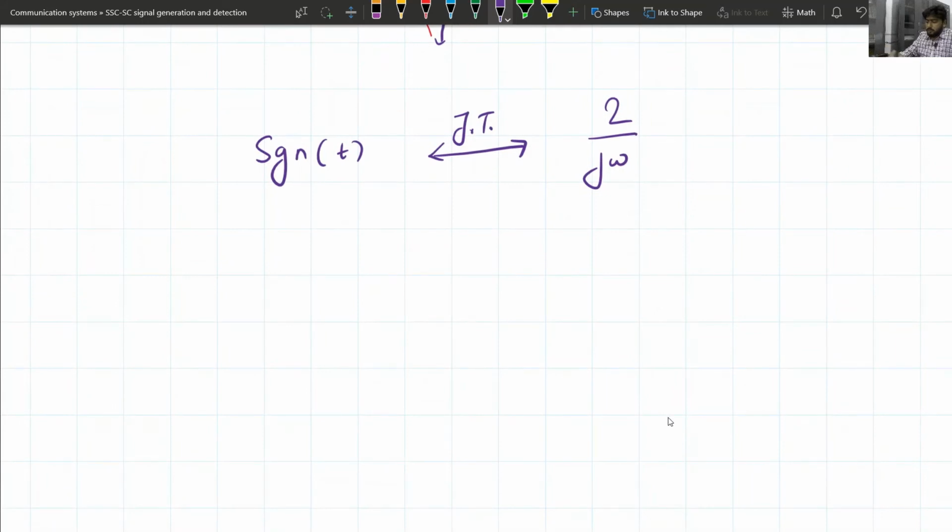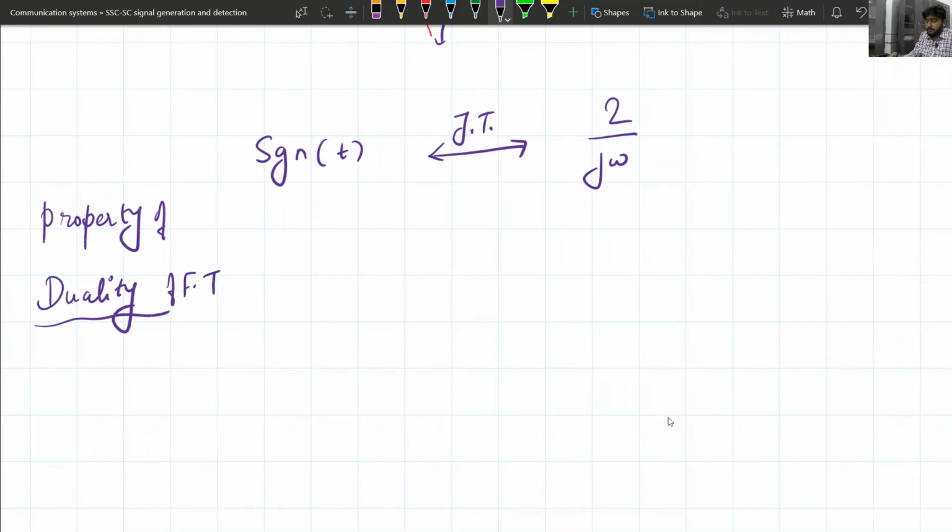Now, using the property of duality, for the Fourier transform, we know that omega and t are interchangeable.